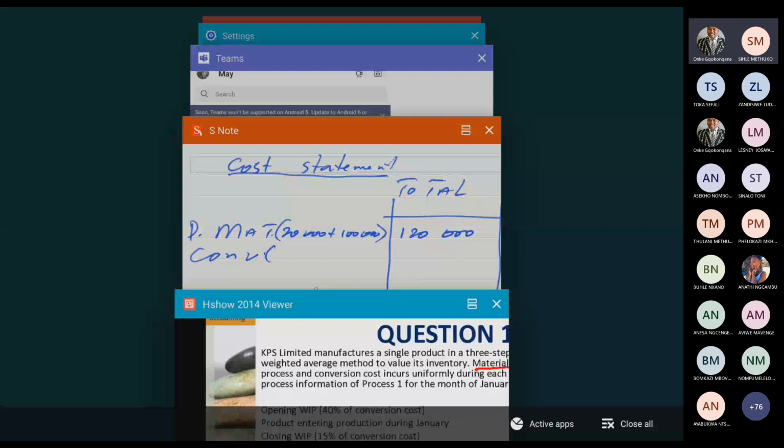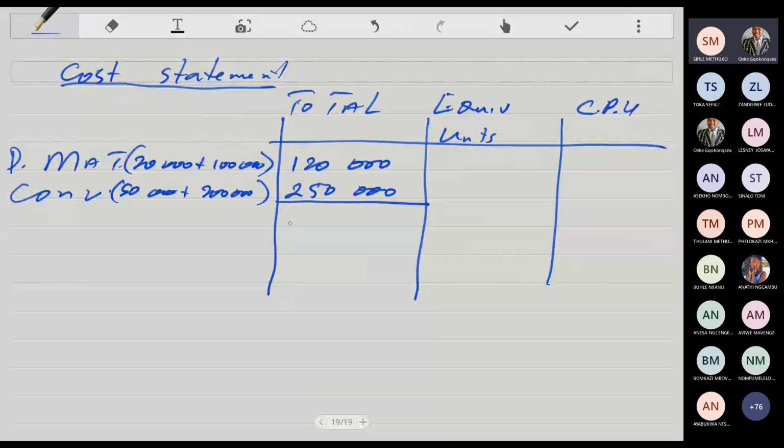Then it will give a total of 250,000. Then the total will be 370,000. And we need our equivalent units from this calculation.